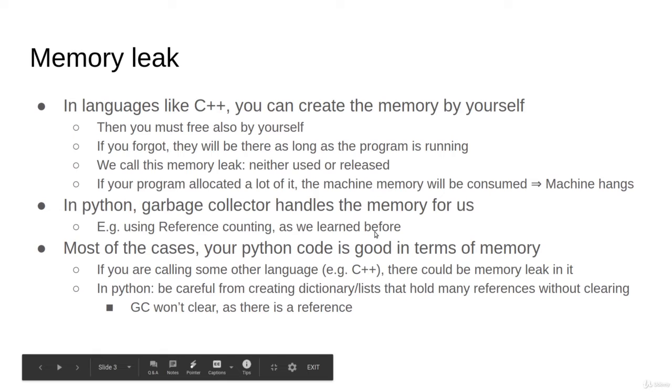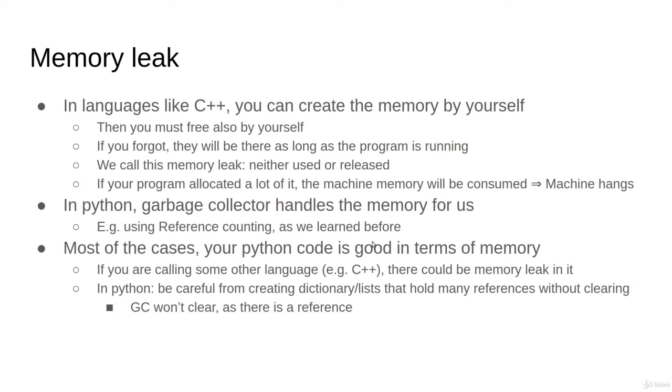One way to know if you have a memory leak, by the way, is in your Windows Explorer or Linux, open the task management and check out the process. And if you find that the memory is increasing and increasing and increasing, you know that there is some memory leak. But this is a very informal way. There are some dumping tools to figure out the memory leaks.